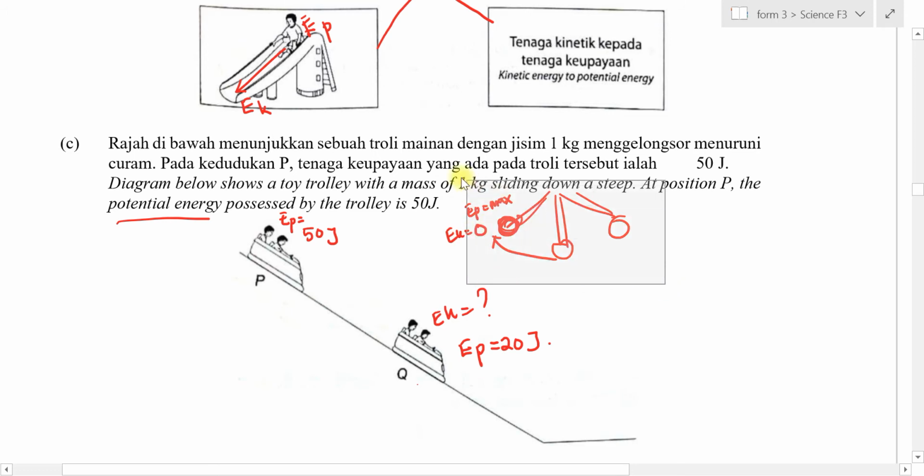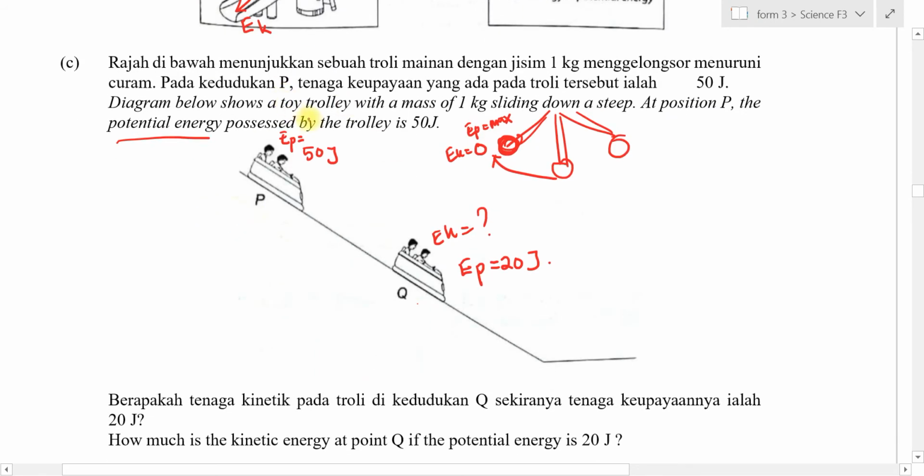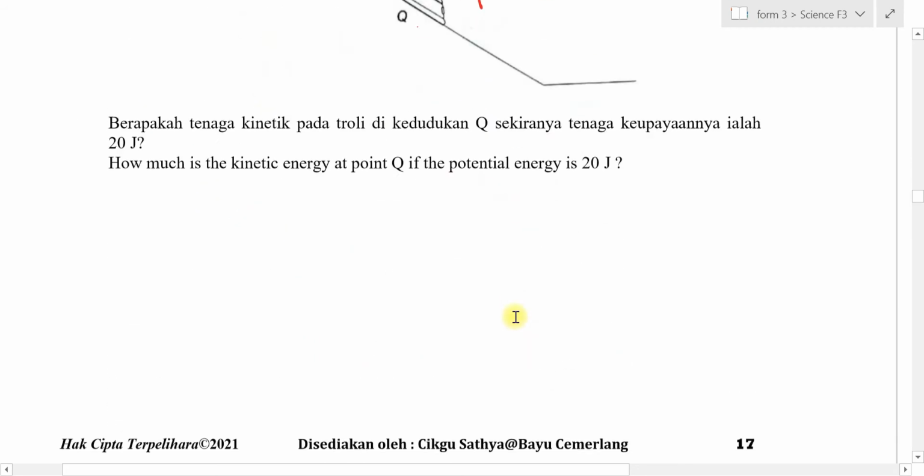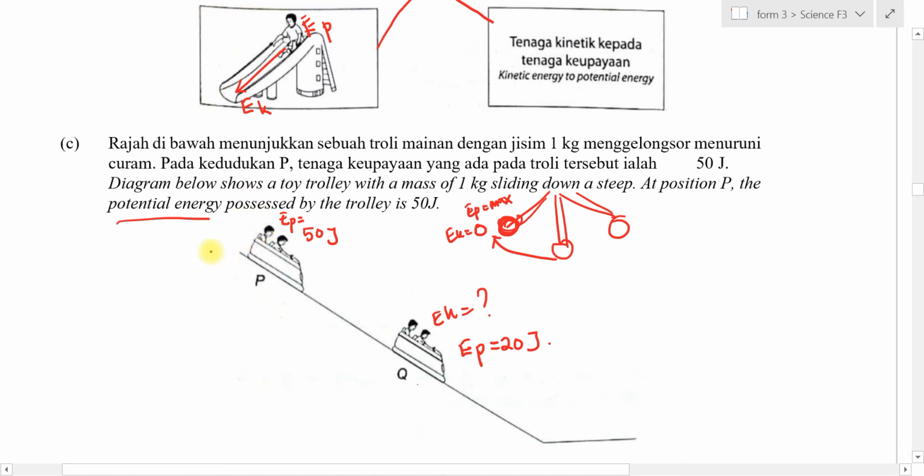Remember that. Okay, so same here, this is your maximum height, so your EP is 50, so your EK is 0 joule. Your EK is equal to 0 joule here.